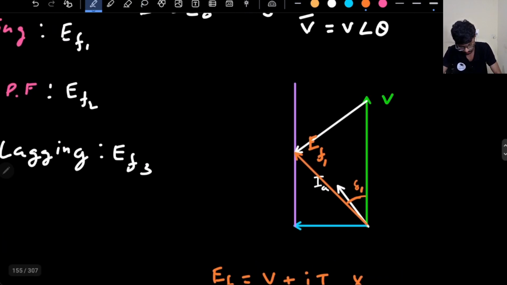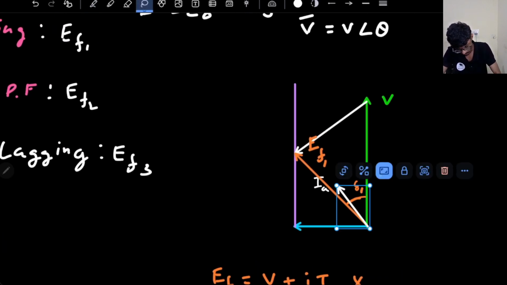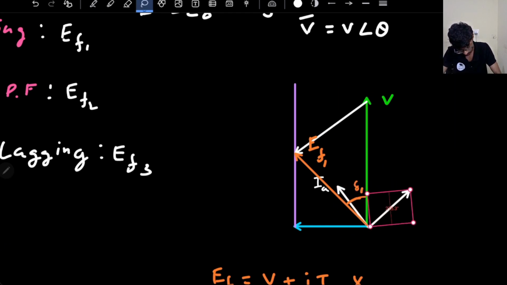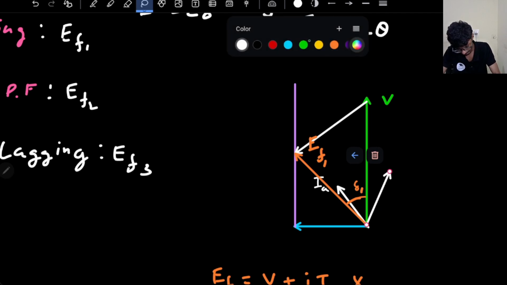Now if I change the load, let's say to here, with another theta, I am rotating this somewhere here. It does not matter whether it is leading or lagging. Let me change the color.